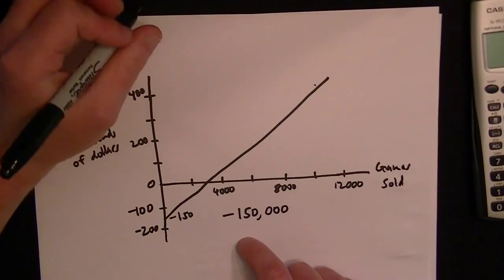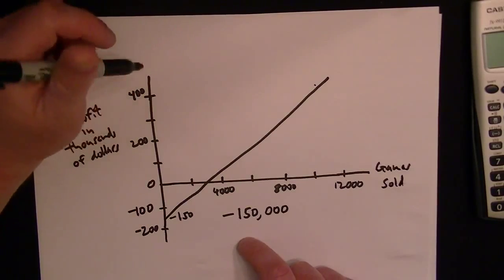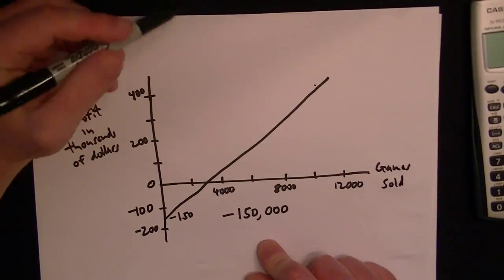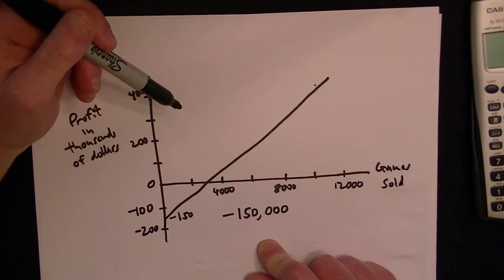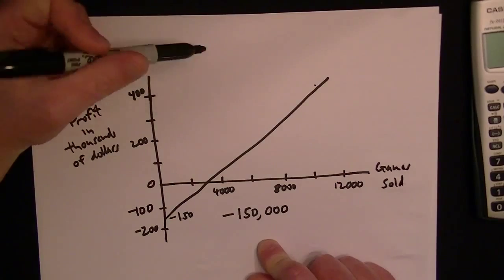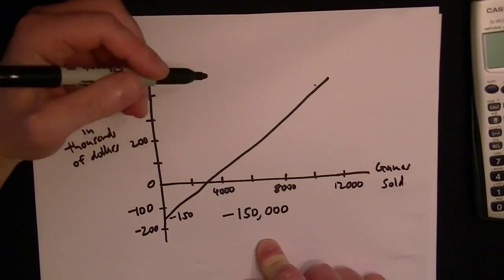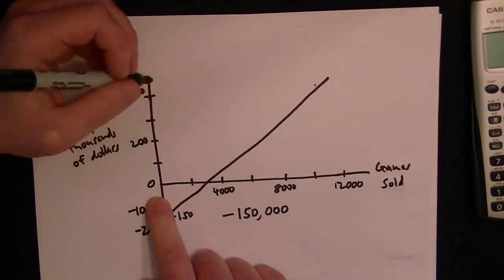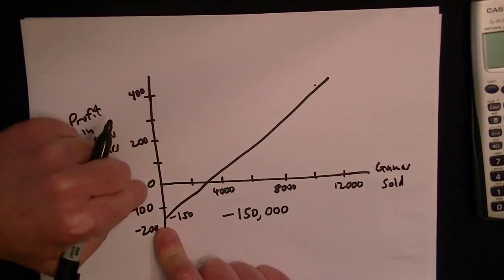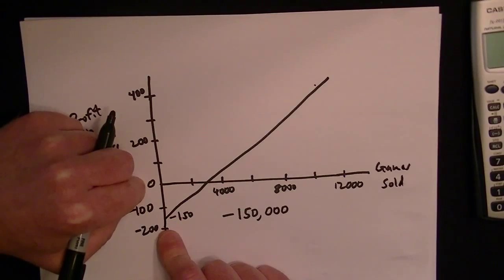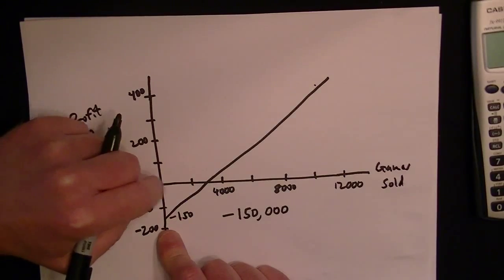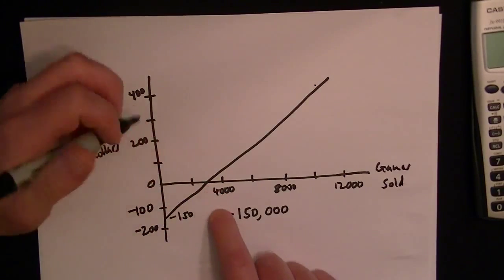The question could also be changed around, so they say, how many games sold do they need to make a profit, or to break even, basically? At that point, if you're breaking even, your profit goes up to 0, so that's the break even point.